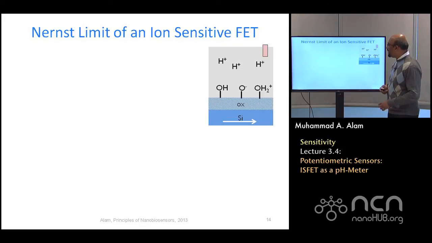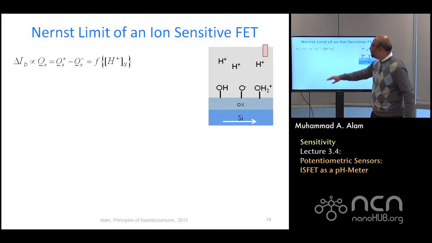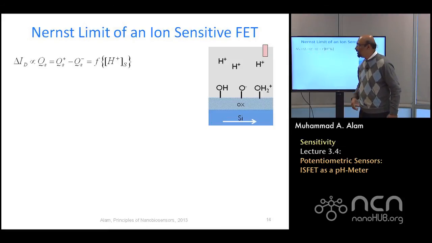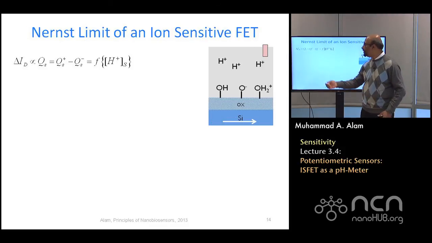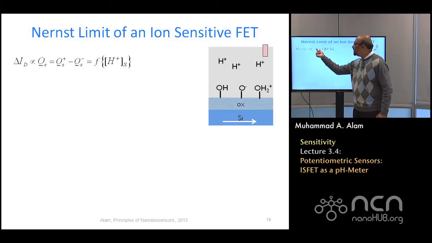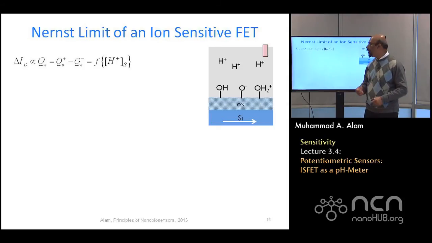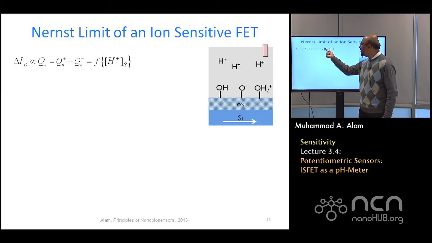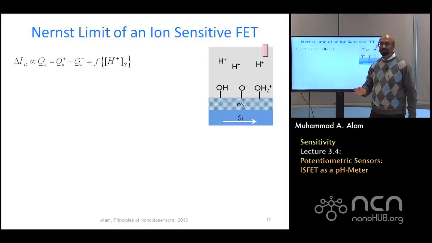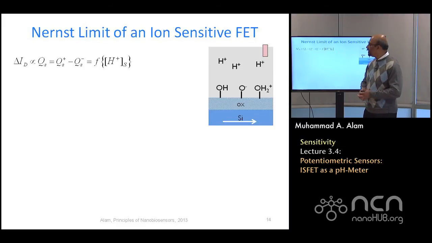You see, the Nernst definition of an ion-sensitive FET works something like this. You remember the excess drain current is proportional to the amount of surface charge you have, protonated, deprotonated, plus and minus. And whatever the difference is, the bottom line is that difference is a function of pH. That's something we already know.